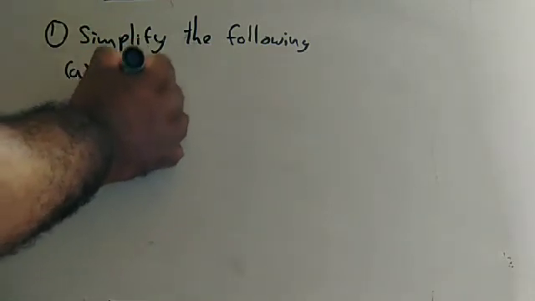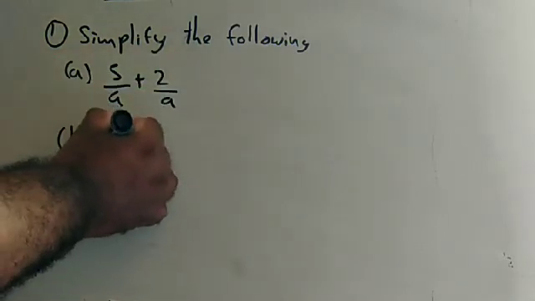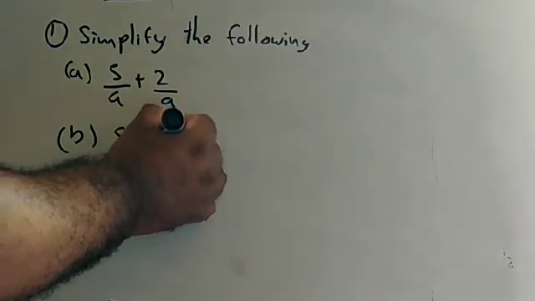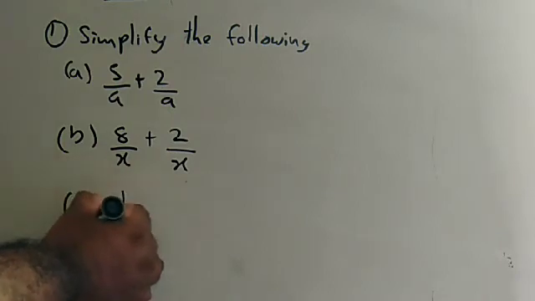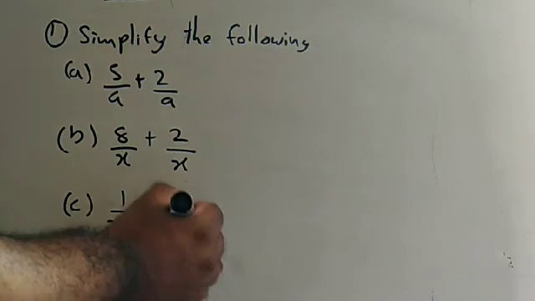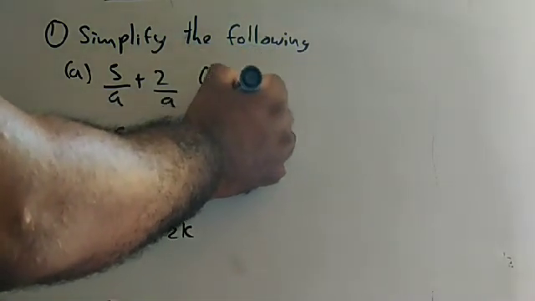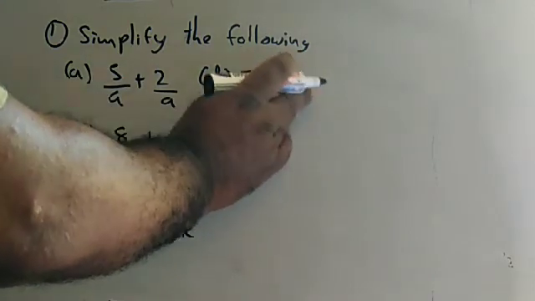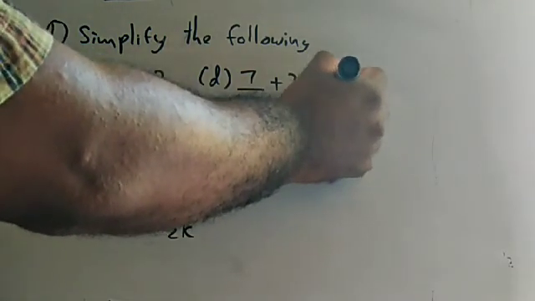A. 5 upon a plus 2 upon a. B. 8 upon x plus 2 upon x. C. 1 upon 2k plus 5 upon 2k. D. 7 upon 2n plus 3 upon 2n minus 1 upon 2n.